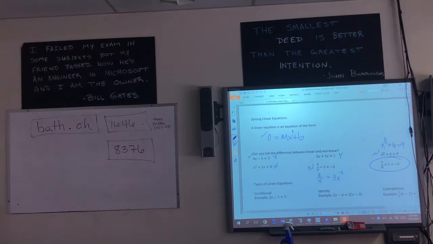What about this one? That one kind of looks like this one, doesn't it? Is this linear? It is, okay? Because the variable starts in the top already. So the way I can write this is actually 1/6 x to the first, if I prefer it that way, plus 1 equals 5.